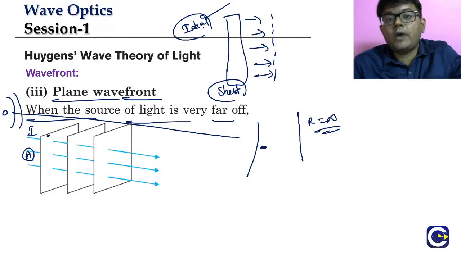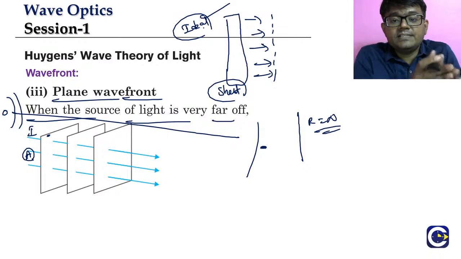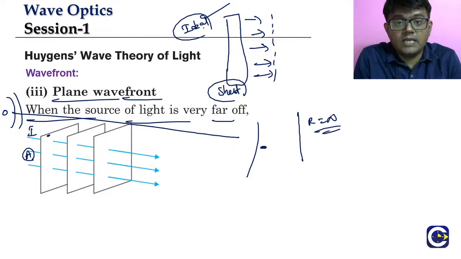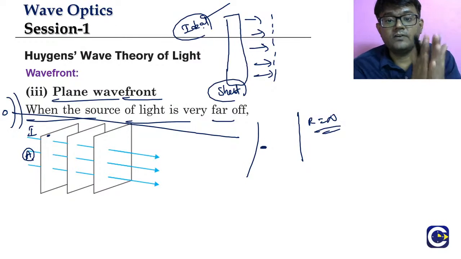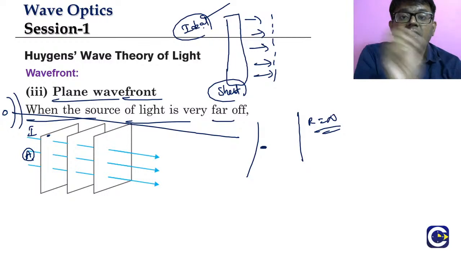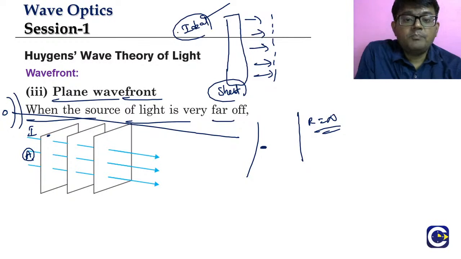Otherwise we have a point source at infinity, and since the radius of that wavefront will be as close to infinity as possible, the wavefront will be almost like a flat surface for us. That is how we look at the assumption of the plane wavefront.